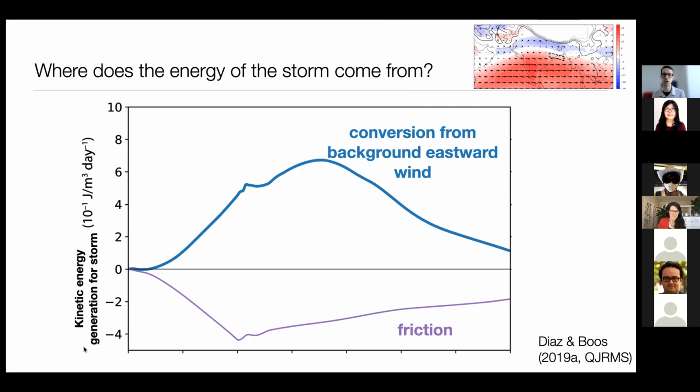So it's sort of the perturbation kinetic energy about this initial state. And what's happening is the storm is growing by extracting kinetic energy from this background state and converting it into the rotational kinetic energy of the storm. So this eastward wind is weakening and the vortex is intensifying.